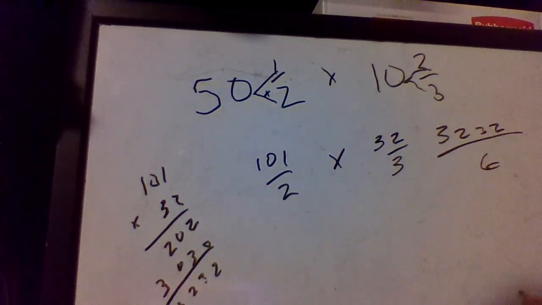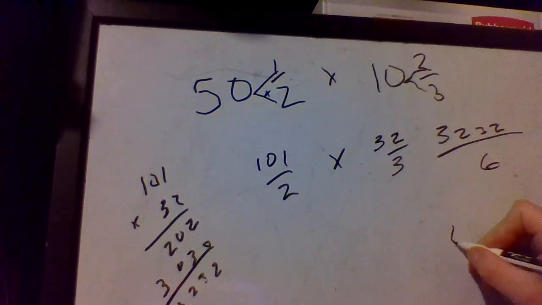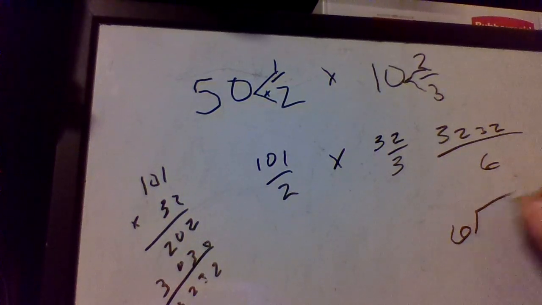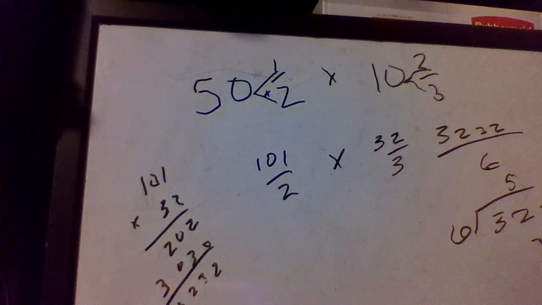So this is what I'm talking about. I mean, this is how I used to like to study. 3,232 goes under the box. We say 6 goes into 32 5 times. We bring down the 2.